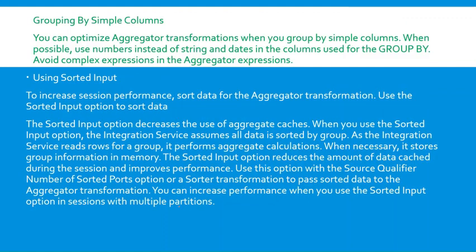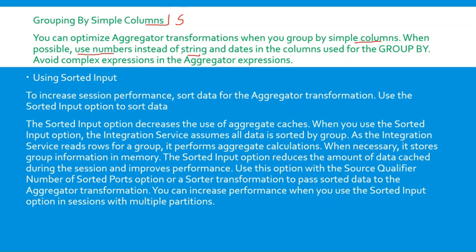Now after that there is another point: group by simple column. In the column you can use a very simple column, don't use a complex column, right? After that you can optimize the aggregator transformation. When you group by simple column, when possible use numbers instead of strings. Because a string has more characters, instead of a string you can use a number.